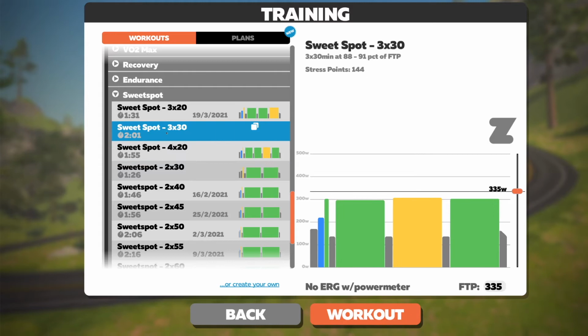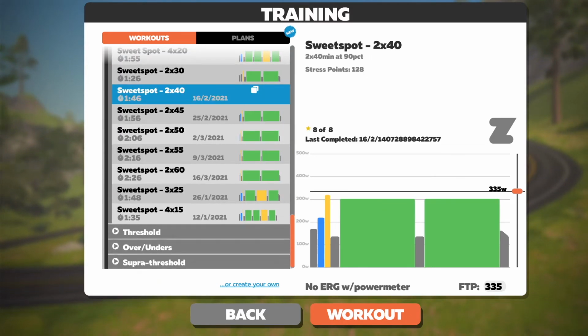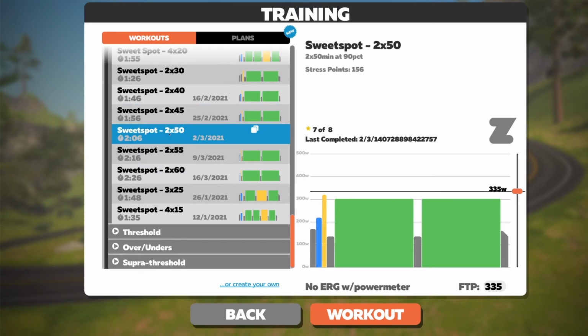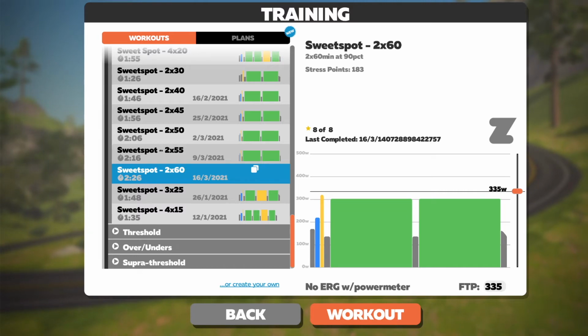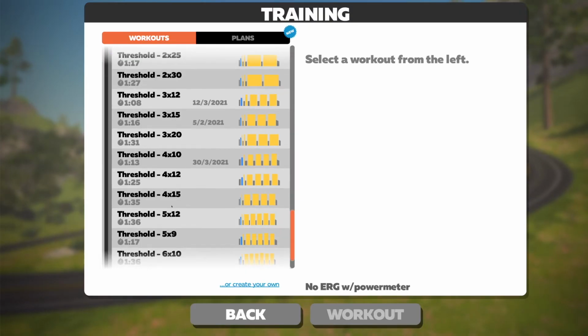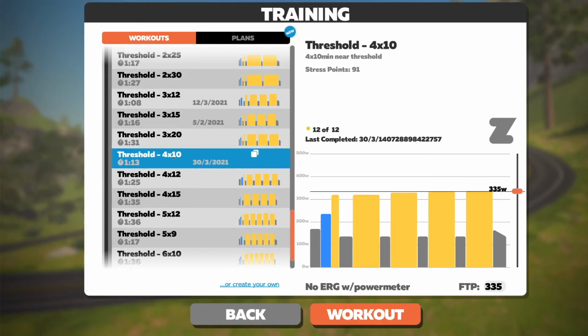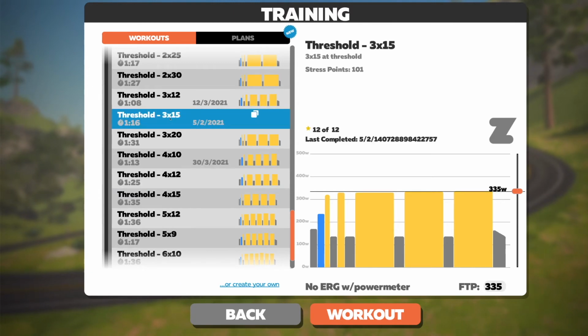For sweet spot, that might be 3 by 15 to 4 by 15 to 3 by 20 to 3 by 25 to 3 by 30, to whatever. For threshold, that might be starting at 4 by 10, 4 by 12, 3 by 15, 4 by 15, 3 by 20. You can push that out depending on how much time you have. And for super threshold work, I usually do a 5 by 6 minute and then cut it back a little and do 4 by 7 and 4 by 8 minute, considering they're fairly intense.